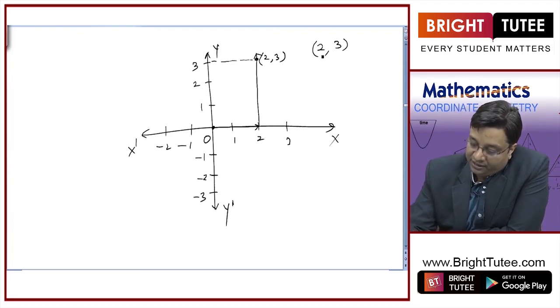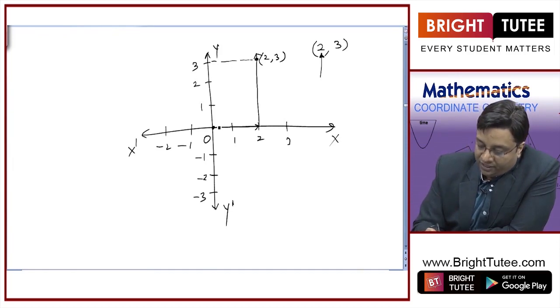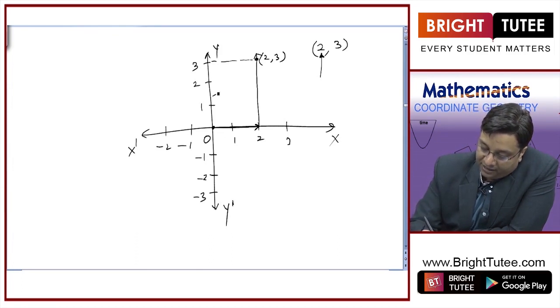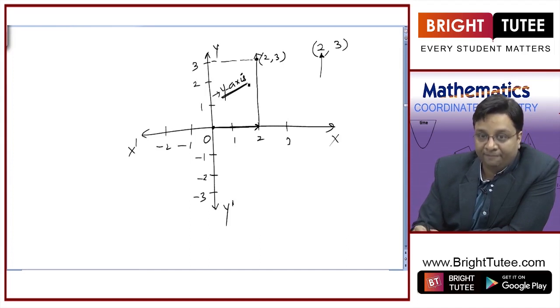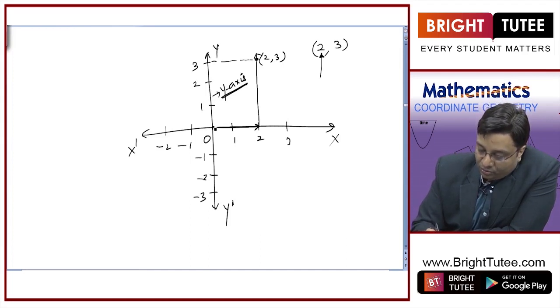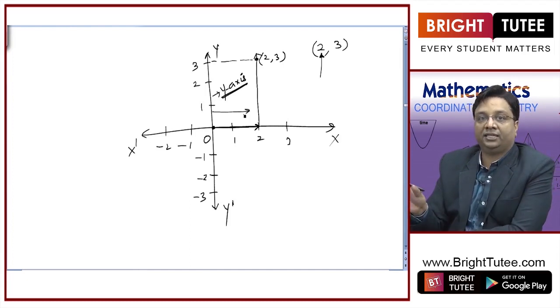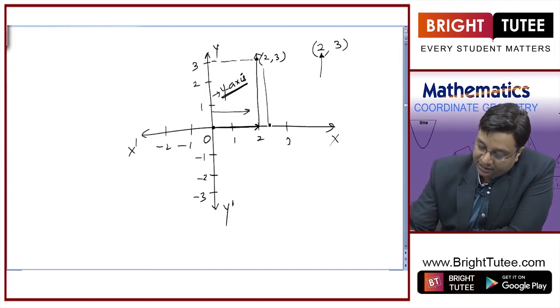So now what can you say about this x coordinate here? We are going 2 units in this direction, right? So this is y axis. I can also say that it is 2 units away from y axis, right? 2 units away from y axis, and this is 3 units away from x axis.